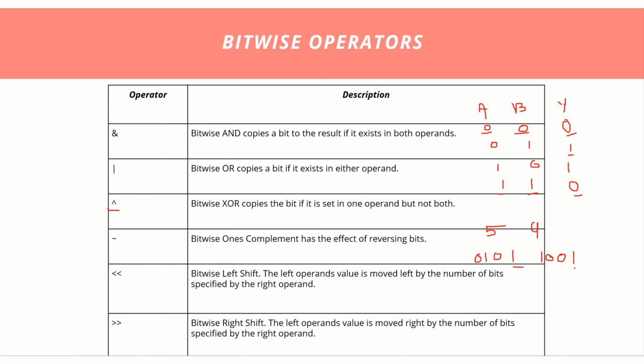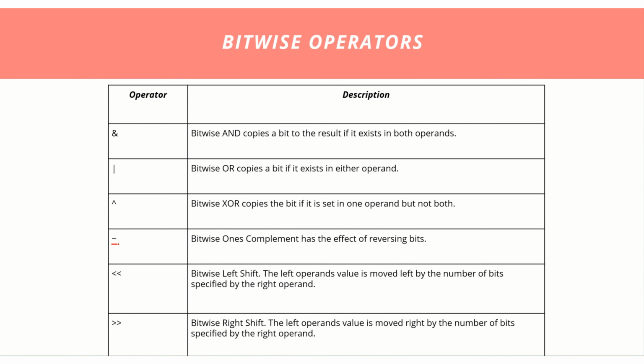So 0 XOR 1 is 1, 1 XOR 0 is 1, 0 XOR 0 is 0, 1 XOR 1 is 0. The result is 1 1 0 0. Its decimal is 12. Therefore 5 XOR 9 equals 12.